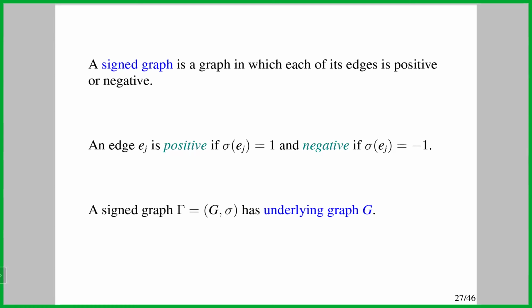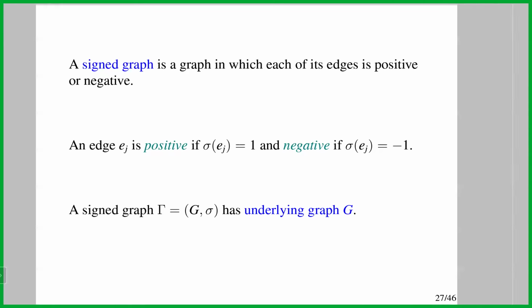If you know them as a friend, it is a positive edge; if you know them as an enemy, it is a negative edge. So knowing has qualitative importance here. Each edge has a sign. We write a sign graph as G comma sigma, where G is the underlying graph and sigma is the signature, or the signs of the edges.